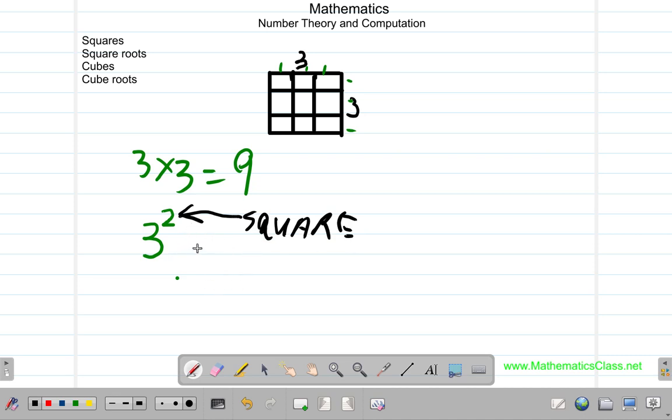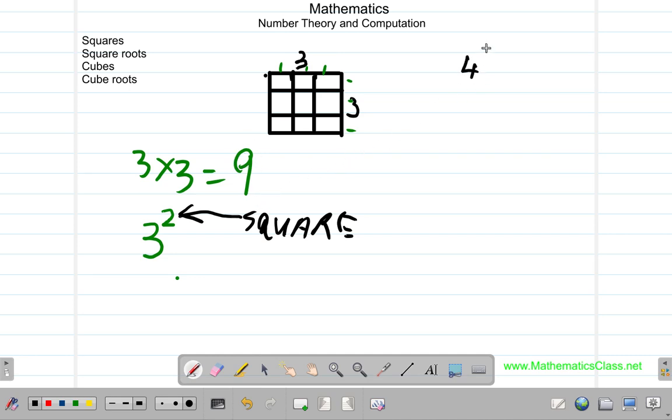When you say 3 squared, it's like you have this box here, with the sides measuring 3 and 3. And how many of the small boxes do you have in it, each measuring 1? 9 of them. 3 times 3 is 9.